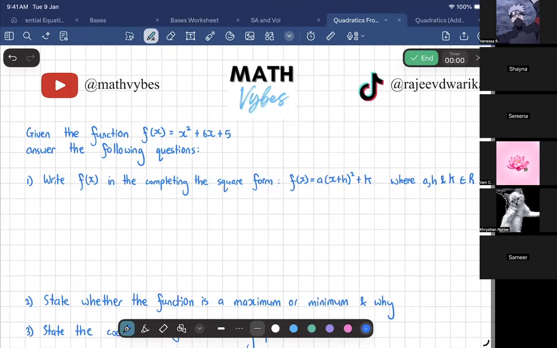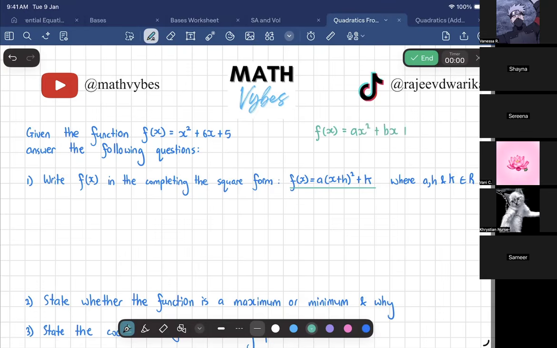Are you seeing anything in that form? ax squared plus bx plus c. Yes, sir. What are you seeing in that form? a(x plus h) squared plus k. No, that is in the completed square form. So I want you to recall the form of a quadratic again. f(x) equals ax squared plus bx plus c.